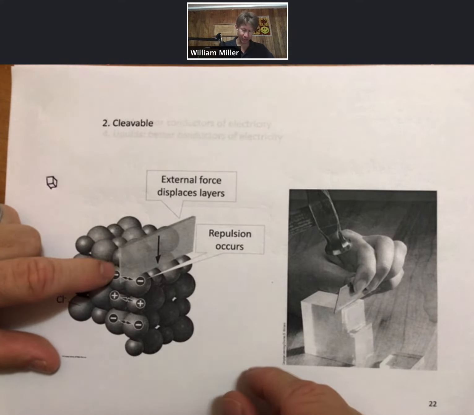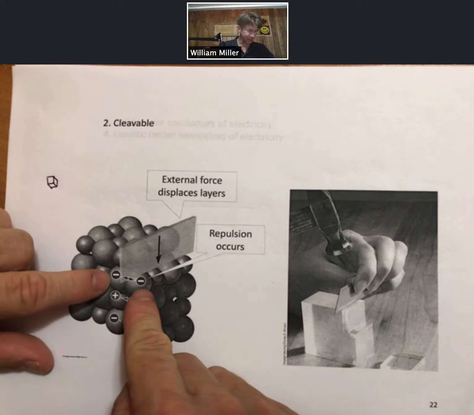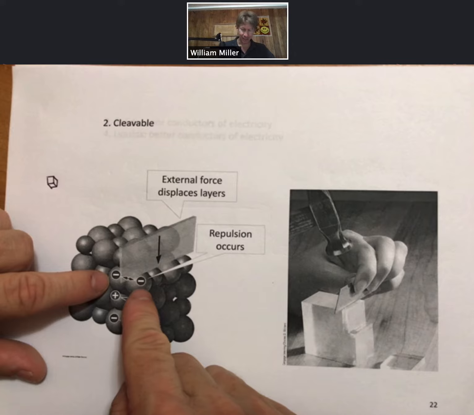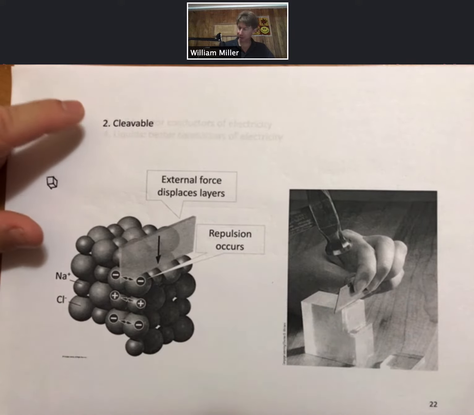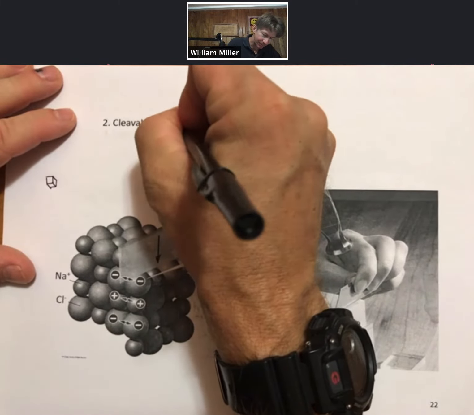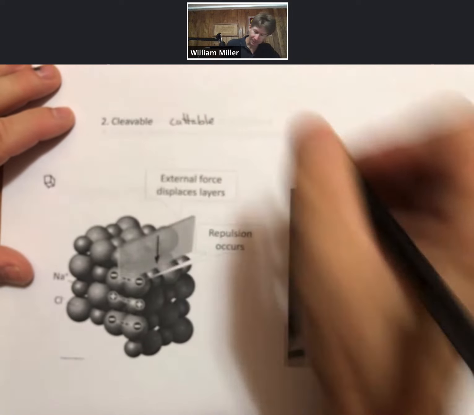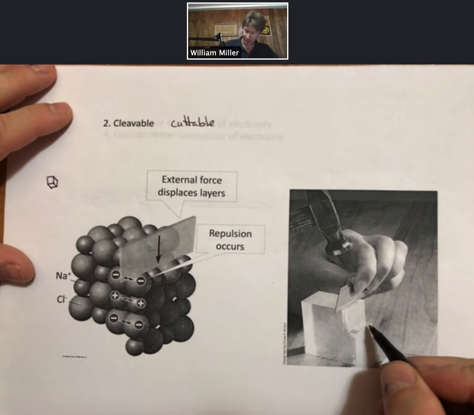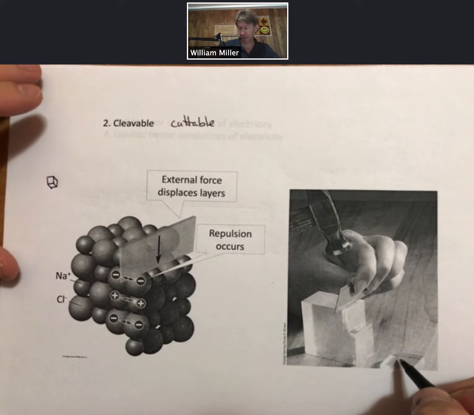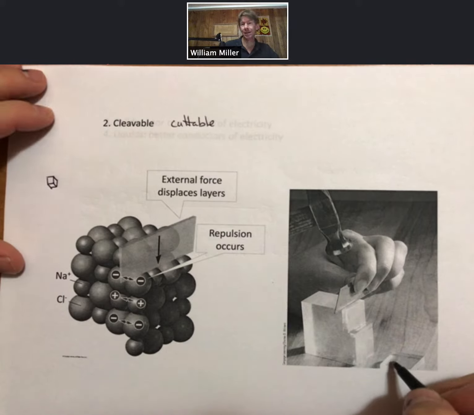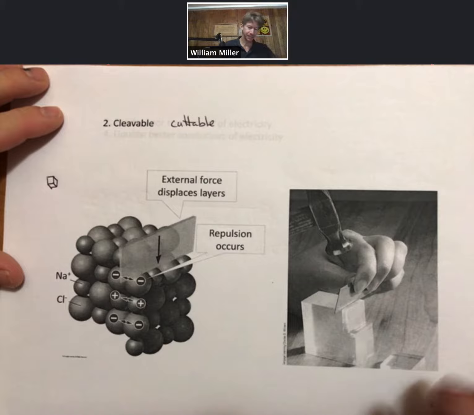If you try to cut them, you can very easily shift the pluses and minuses and line up the minus and minus, and then cut them very easily because minus and minus leads to repulsion. So they're cleavable, which means they're cuttable. And you're left with crystal cubes or squared off faces too. That is another aspect of ionic compounds.